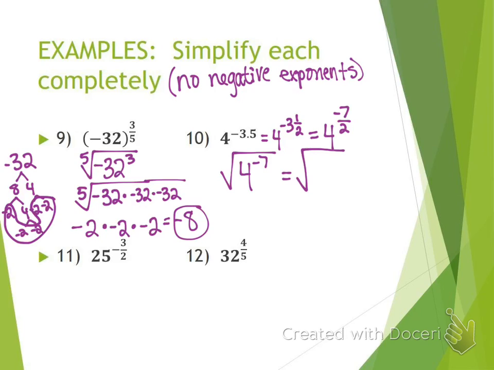So I'm going to leave my big old square root sign, and I'm going to change this into a fraction. I'm going to have a 1 on top because I'm treating this like a negative exponent. To make it positive, I put it in the denominator. So if I put that in the denominator, all that's left in my numerator is a 1. We have 4 to the negative 7th, 4 to the positive 7th now in the denominator.